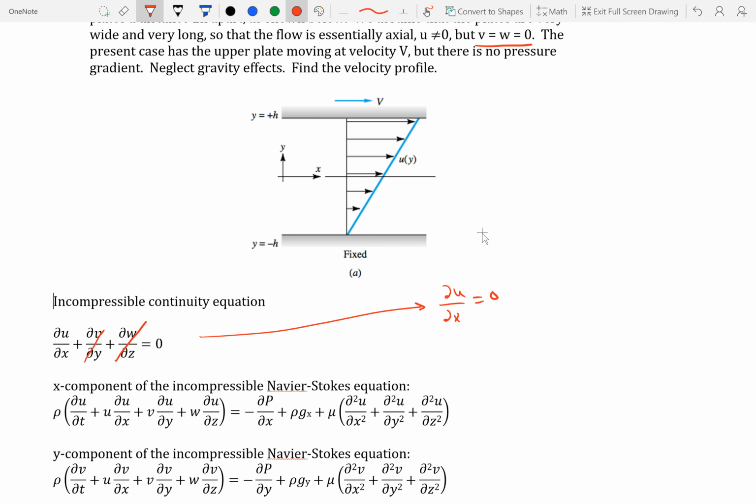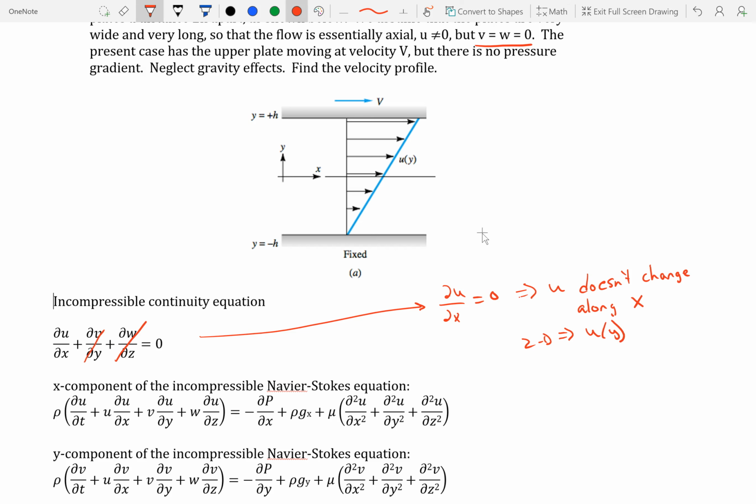What does that mean? That means u doesn't change or function along x. This is really just 2D. So that means u is a function of y.